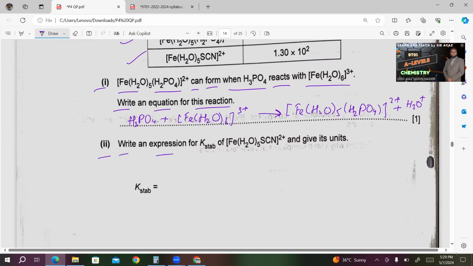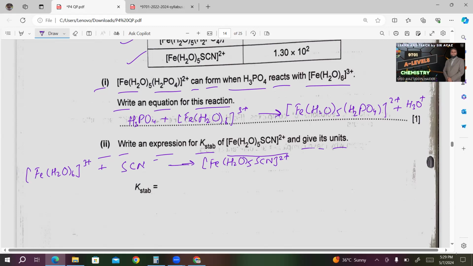Number two, write an expression for Kstability of [Fe(H2O)5SCN]2+ and give its units. So we have the product. This is the product [Fe(H2O)5SCN]2+. So the reactant must be [Fe(H2O)6]3+. It must be reacting with SCN-.